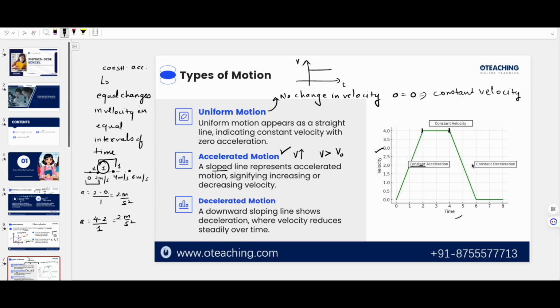When I say constant deceleration, I am referring to equal changes in velocity in equal intervals of time. And when I am referring to the changes, it means it is decreasing. The velocity is decreasing, meaning my final velocity is less than my initial velocity. I hope I'm clear till this point.